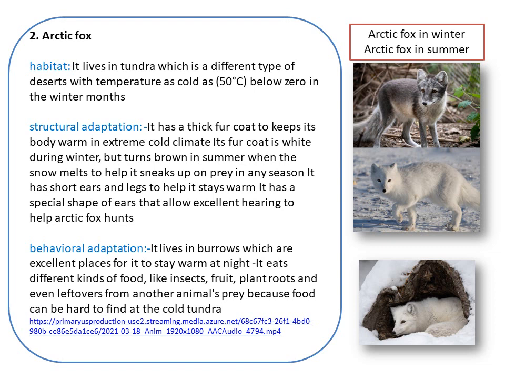Oh, so they have another color? Yes. It turns brown actually in summer when the snow melts to help it sneak up on prey in any season. It has short ears, and this is the opposite of the fennec fox. The short ears and legs help it stay warm.